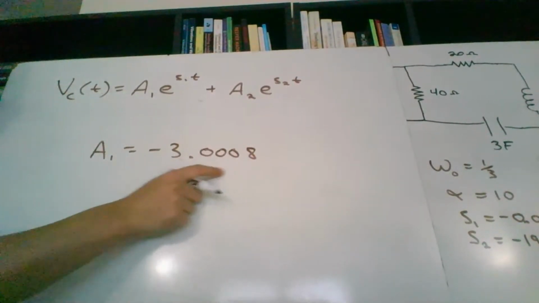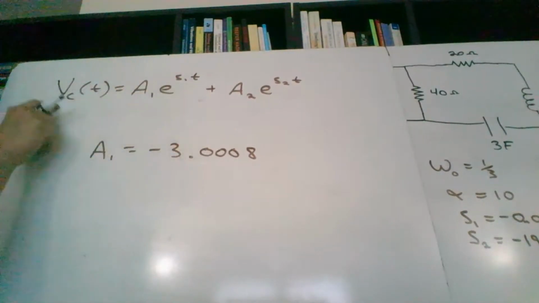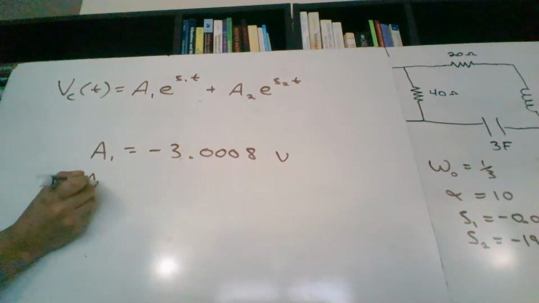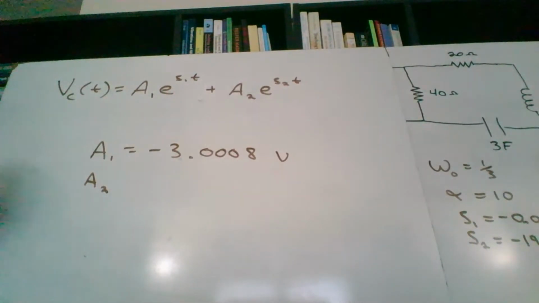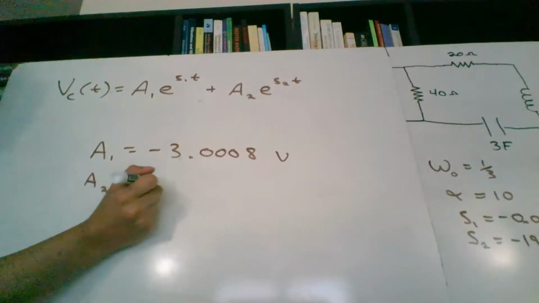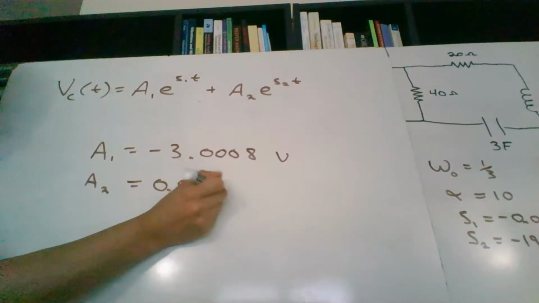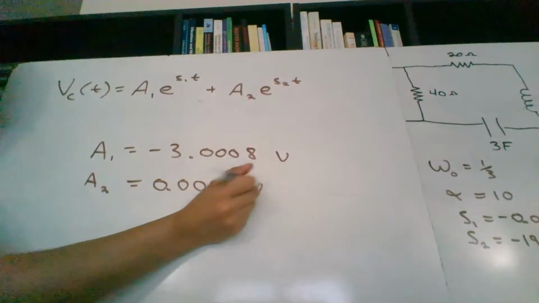And what are the units going to be? This is unitless, so if this is in volts, this has to be volts. And A2 is going to equal 0.0008 volts.